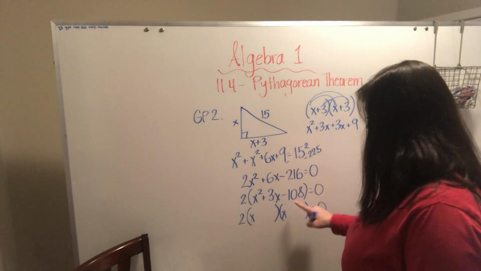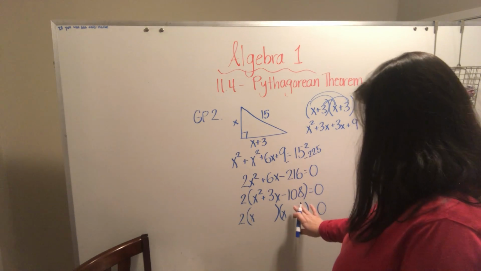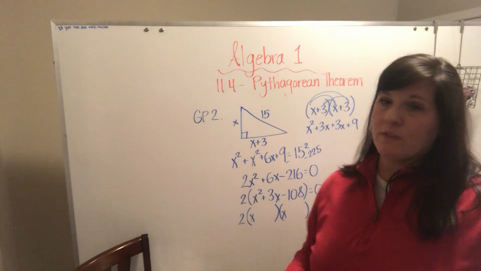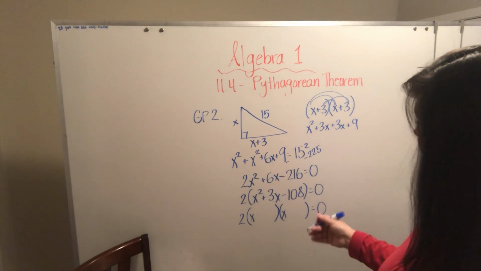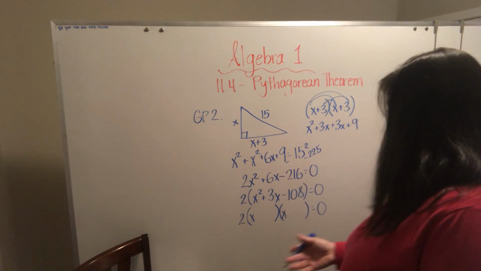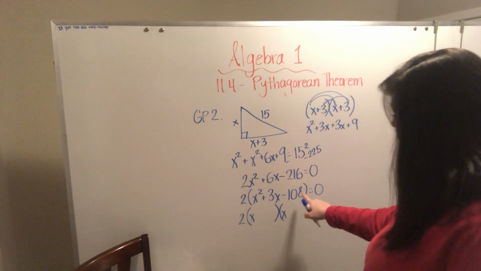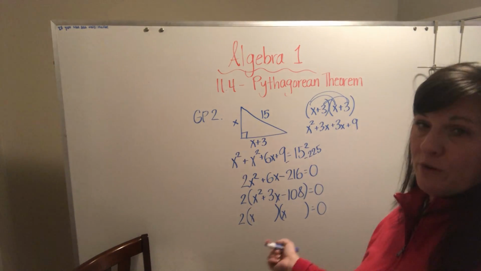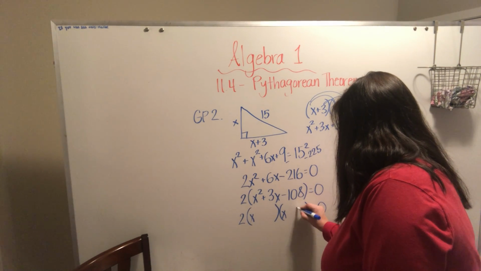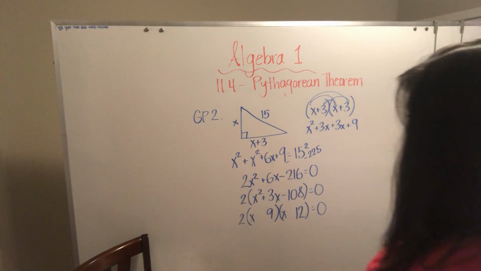So you're going through your factors of 108. You could start with 2, but that'll be 54, and there's no way you're going to get 3 from 2 and 54. So you can continue to do that process. You can try 4. That'll give you 27. That's not going to give you 3. But as you work down your list of factors, because you're all great at math facts at this point, I'm going to recognize that 12 times 9 is 108.